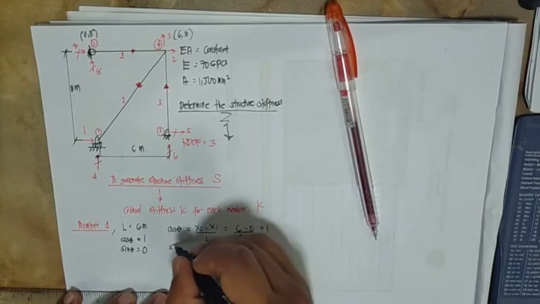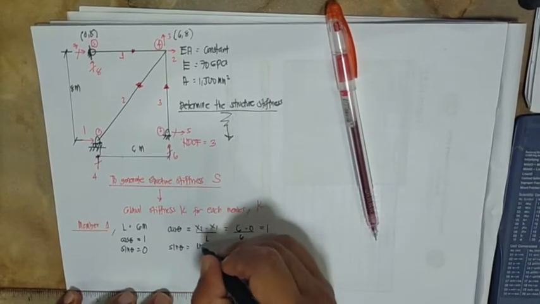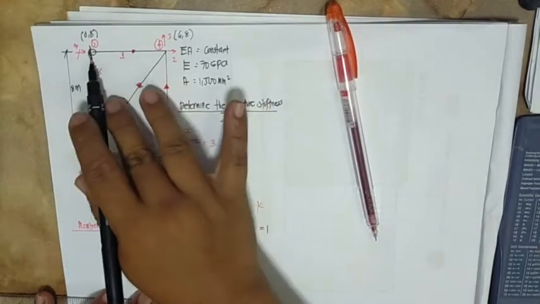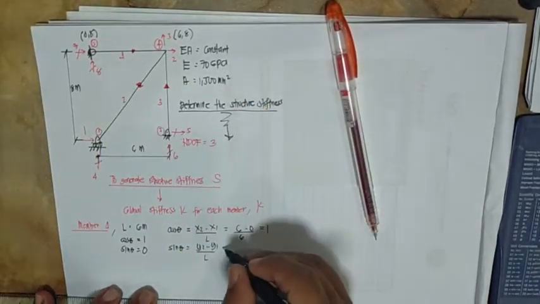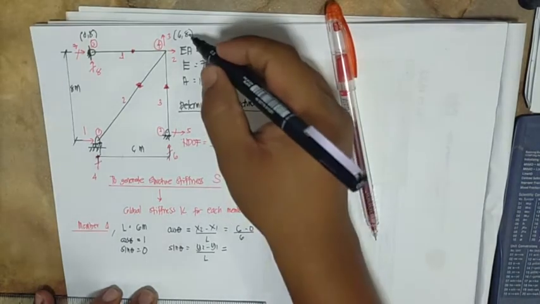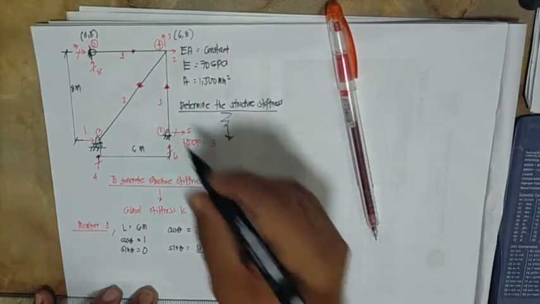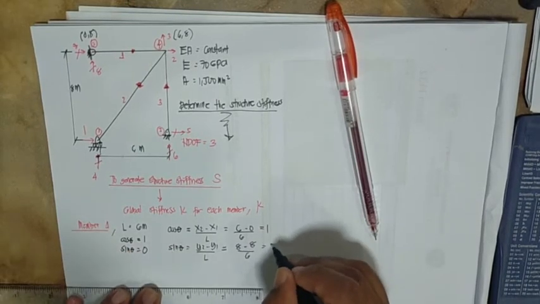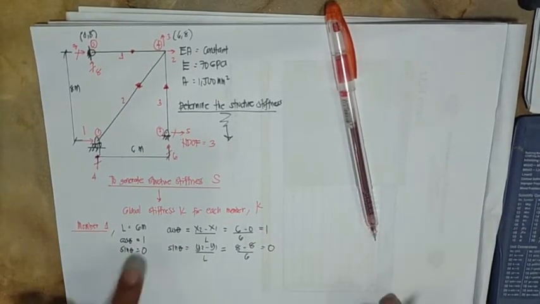The same is true with sine theta: y2 minus y1 over L, considering this member, y is 8 minus 8 over 6. This is equal to 0. Okay? This is the shortcut one.